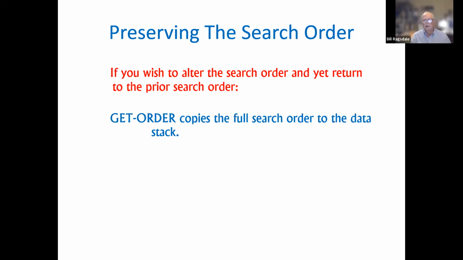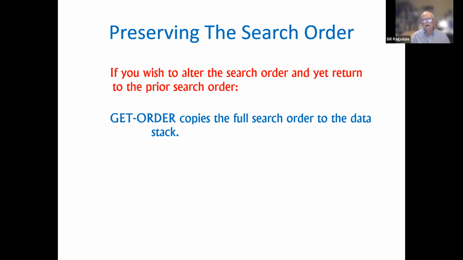Well, there's a way. The word get order copies the entire search order to the data stack. In the cases we've seen here, if you had 4 or 5 words in the search order, when you say get order, the structure of the context is copied to the stack. It may be 1 or 2 vocabularies.